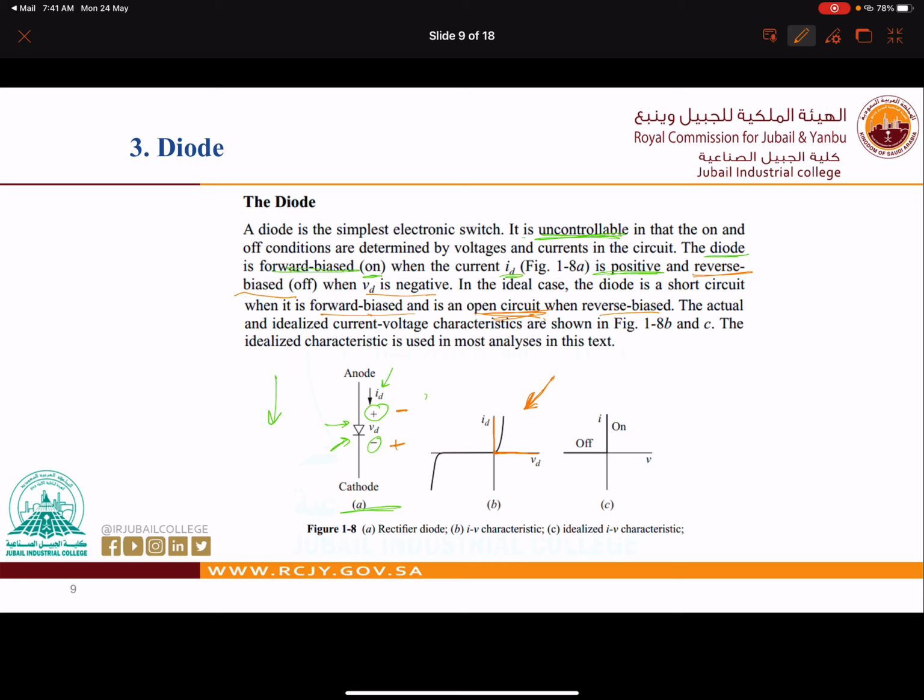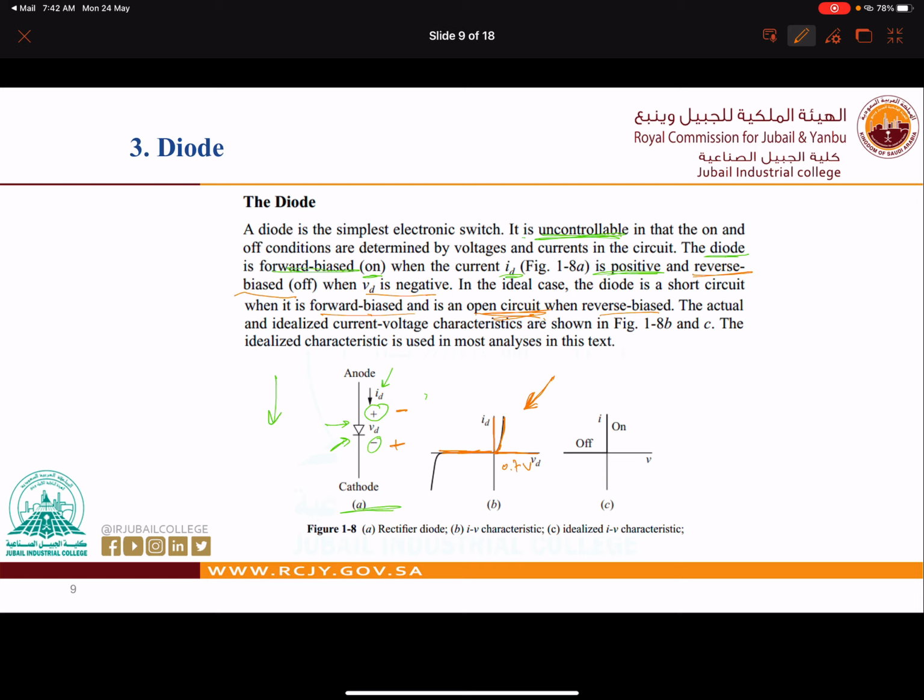The diode is acting as an on switch. Once we reach 0.7 volt, as you remember, the current starts conducting fully, and this is going up. But in the reverse direction, it is off, and this is ideal.